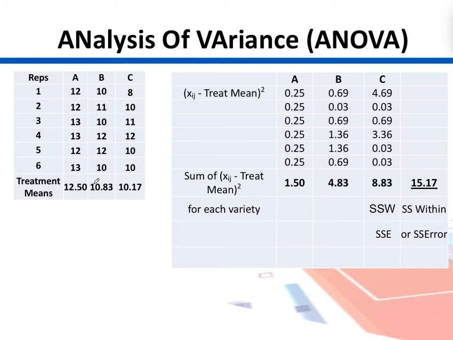So we take the squared deviations and then we take their sum. So that is the sum of squared deviations, or the name is reduced to sum of squares. So it is 12 minus 12.50, and then we square it. It was minus 0.5, and when we square it, it's 0.25, and it's almost the same for the rest of the group.